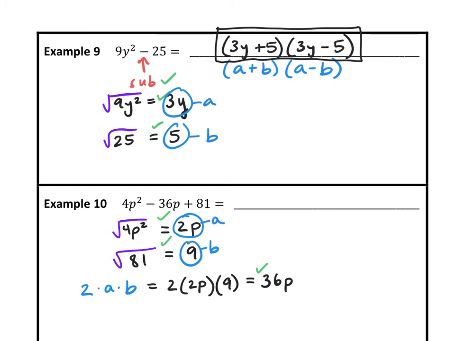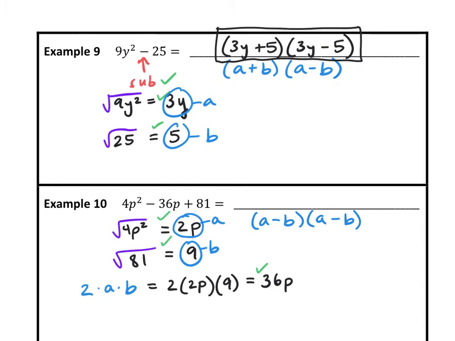Okay, and so the next thing we want to ask is, do we have a minus plus or a plus plus? And it looks like we have a minus plus. So there's a pattern for the minus plus. The pattern is we're going to write a minus b, parentheses a minus b.